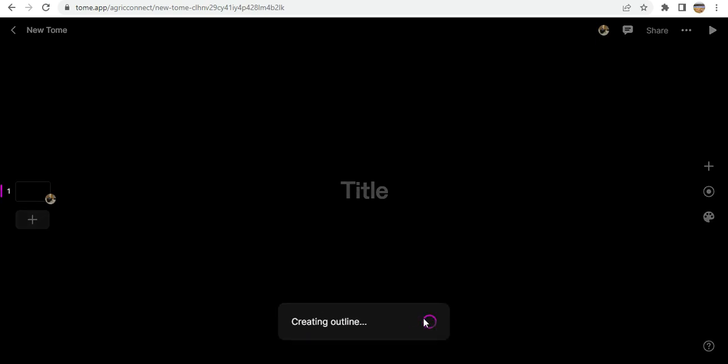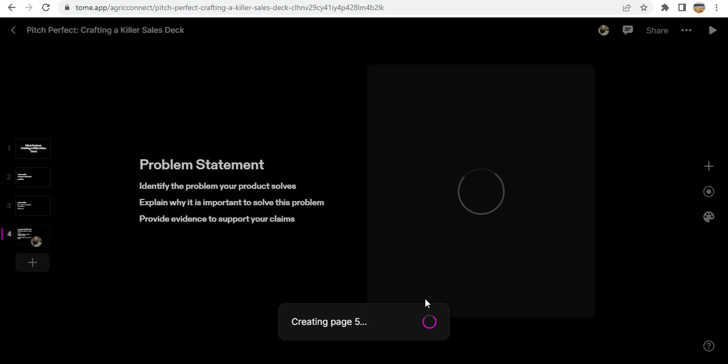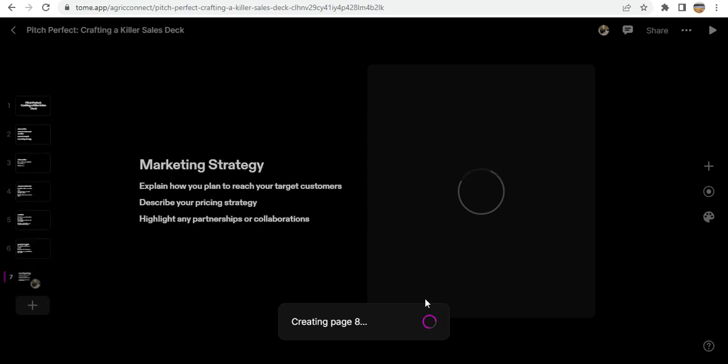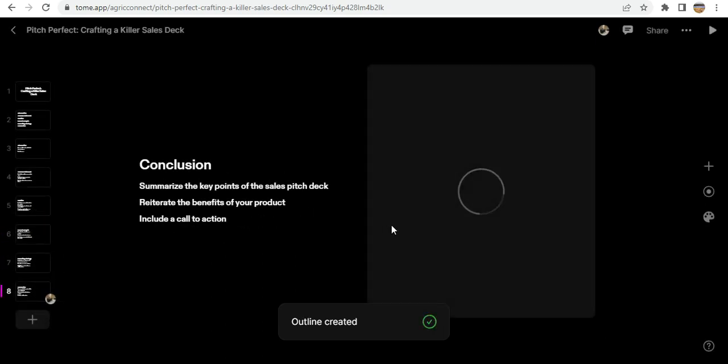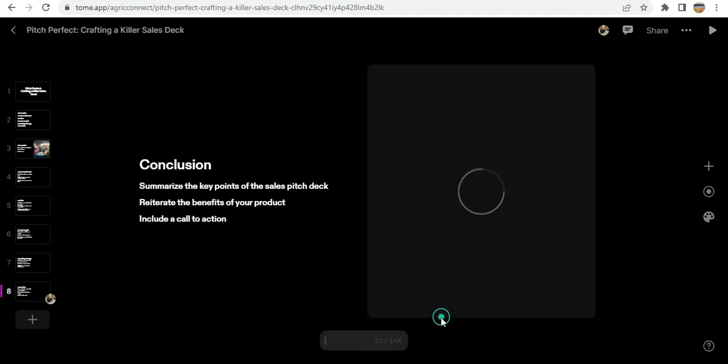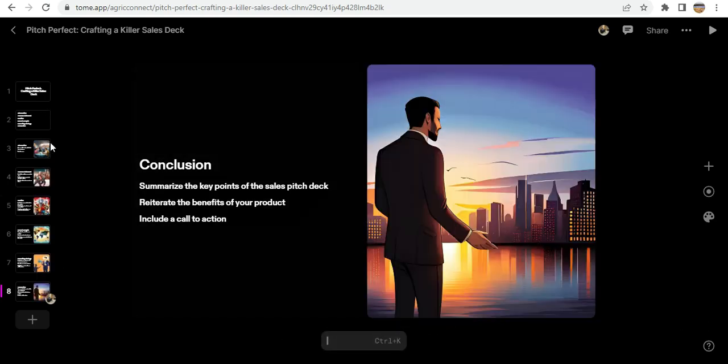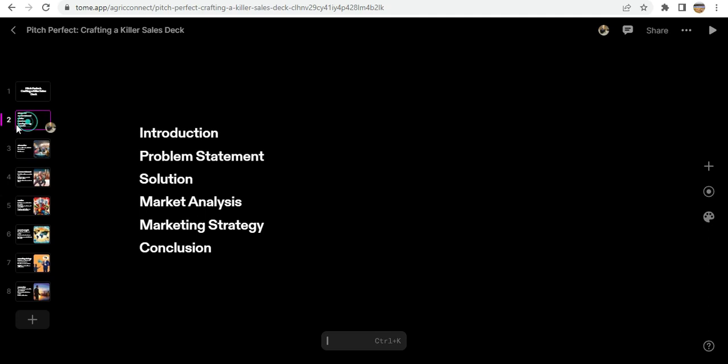And then enter. Okay, so I select keep and then let's see what it generates for us.